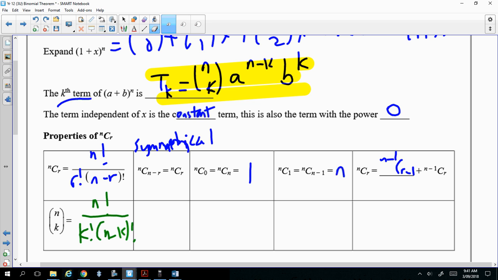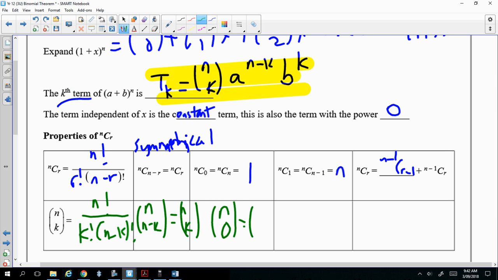And then this one will get nC0 equal to nCn equal to 1. And then this one will be nC1 equal to nC(n minus 1) equal to n. And this one you get nCk equals n minus 1 C k minus 1 plus n minus 1 C k. Right, so you should be able to interpret them in both notations.